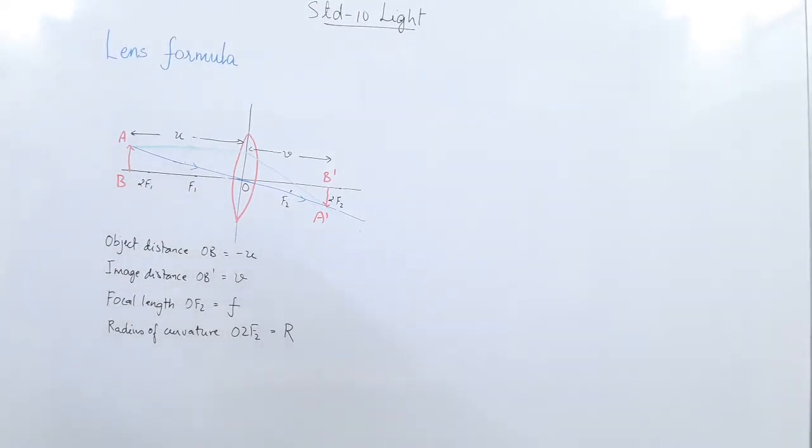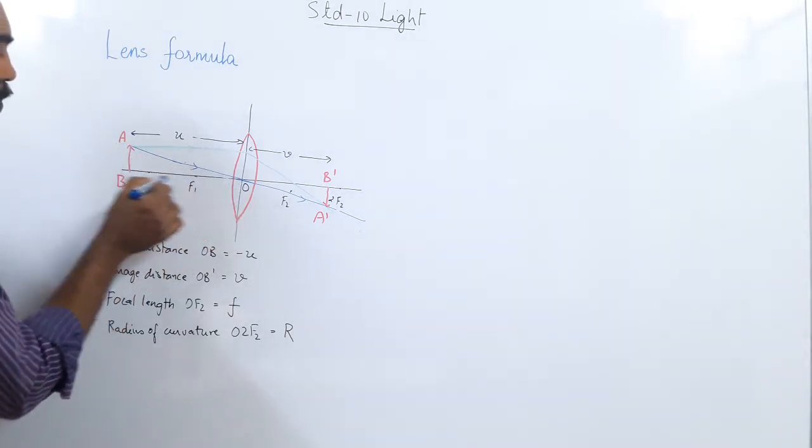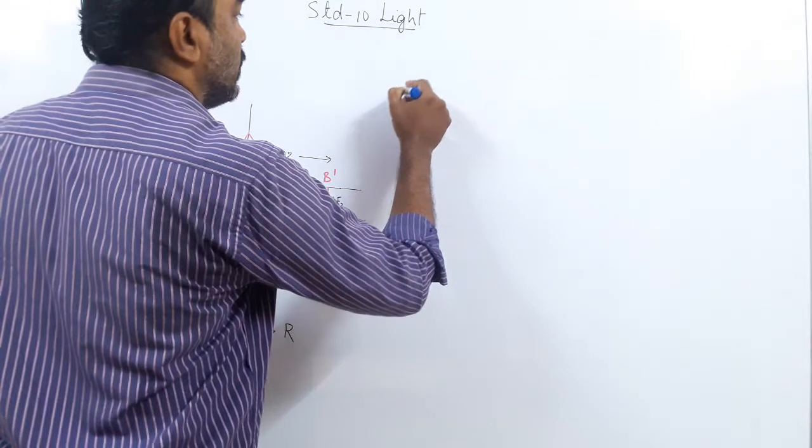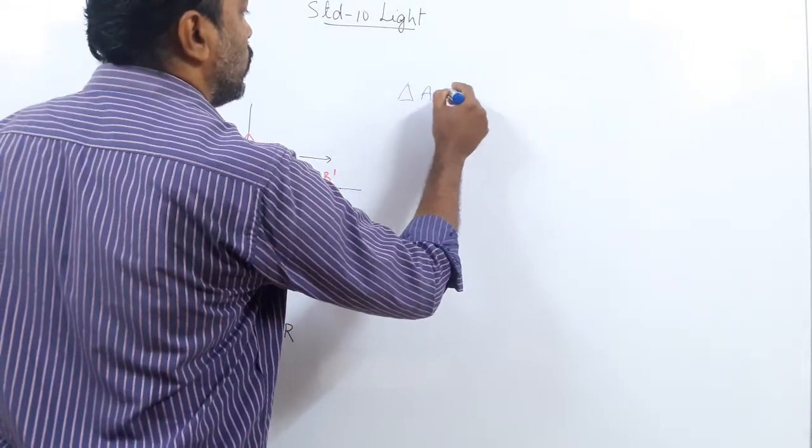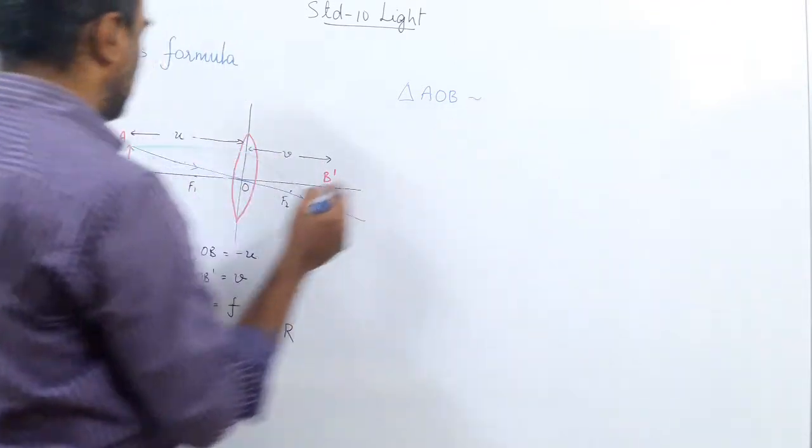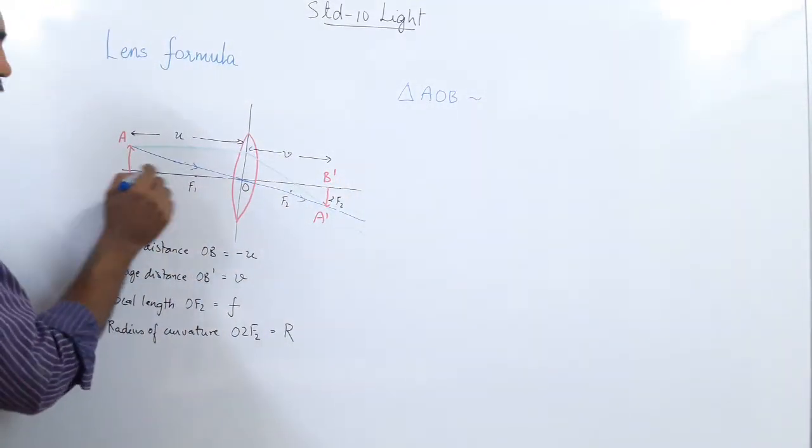Now let us start with the derivation. For the derivation we have to select first our triangles. Which triangles do we take? So look at triangle AOB, which is similar to triangle which one? Now look at AOB.